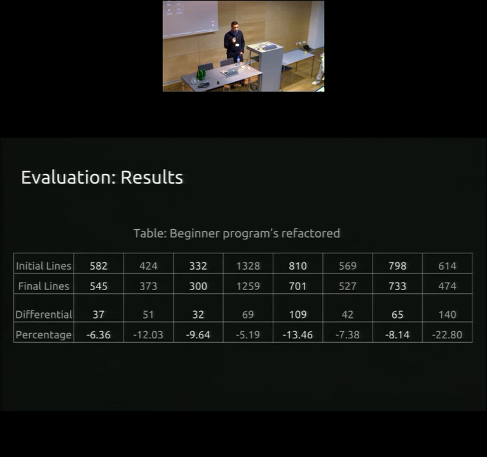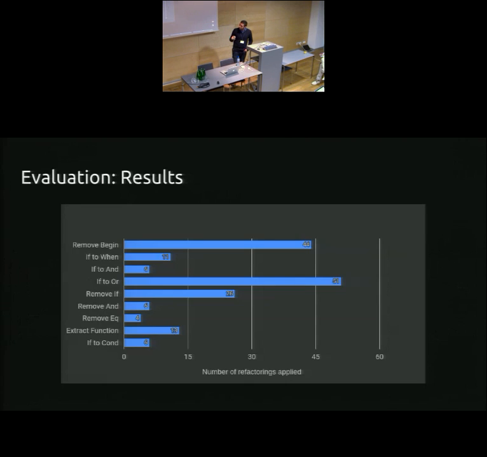These are the results. We basically had a reduction of 10% of the lines of code in the program, except in this case where we have around 20%, since this program has a lot of repeated code that could be easily extracted to functions. So these are the number of refactoring operations applied.